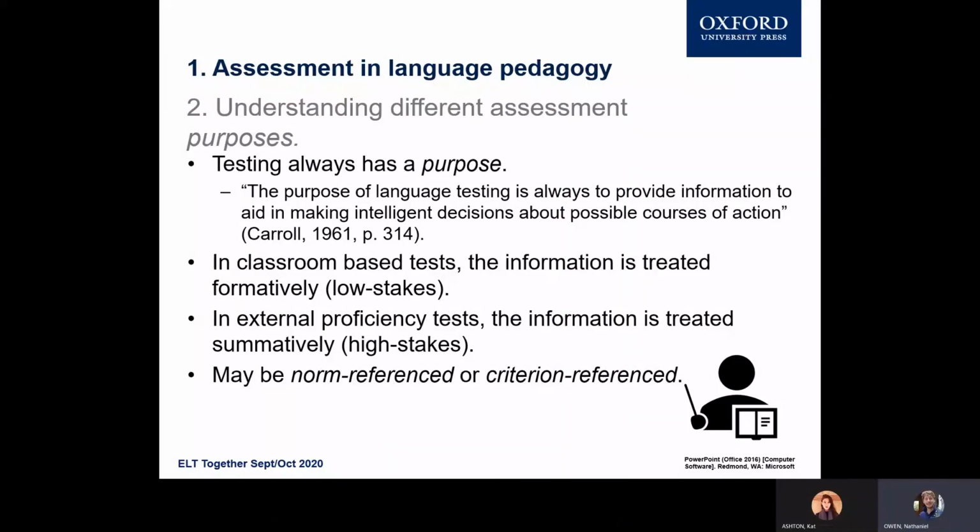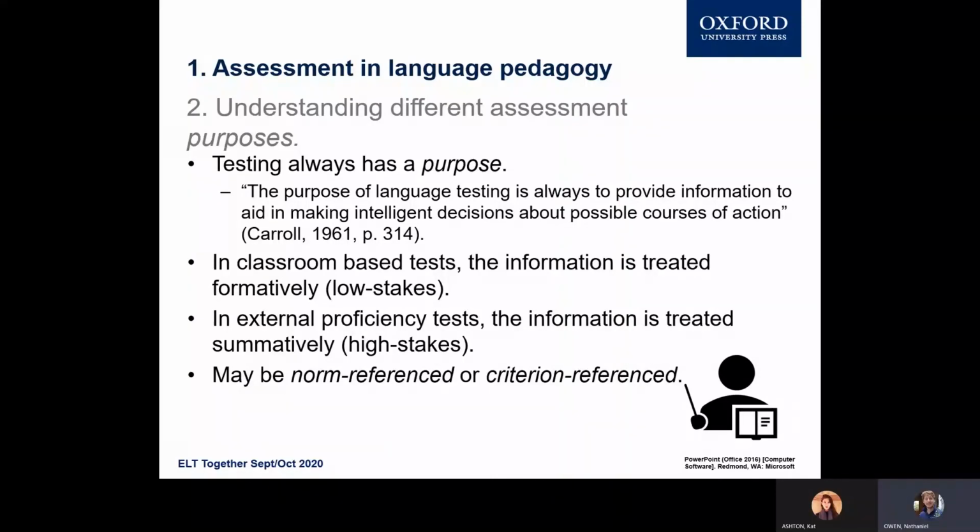Likewise, with assessment for learning or classroom-based assessments, there should also be a clear purpose. It will not be an external mandate, but it will have a purpose within teaching and learning. Within assessment for learning, we need to provide information to teachers and learners so we can make intelligent decisions about the kinds of teaching and learning that we want to happen next in the classroom.